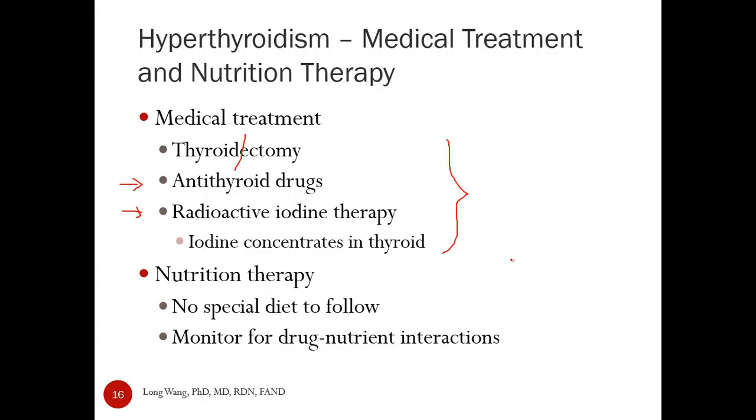There's really no special diet to follow for patients with hyperthyroidism. And because a lot of medications are involved, we just need to make sure we are addressing drug nutrient interactions when they're present.